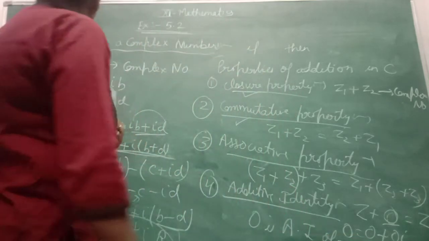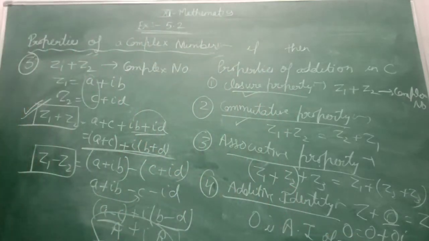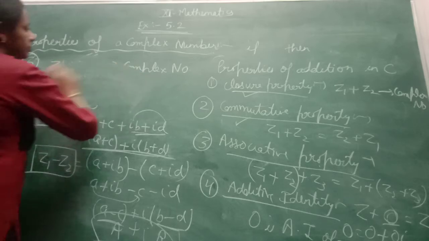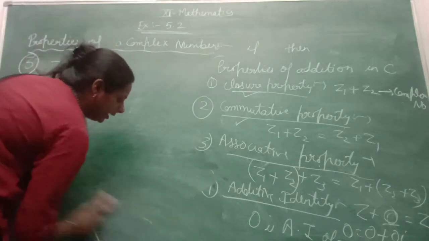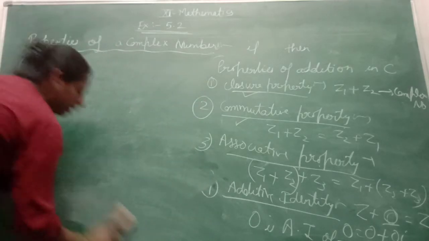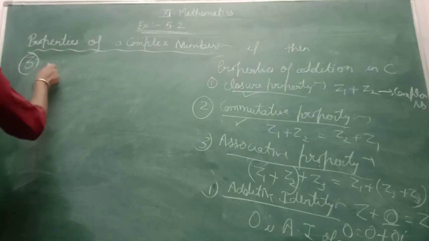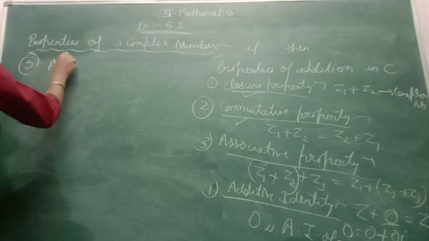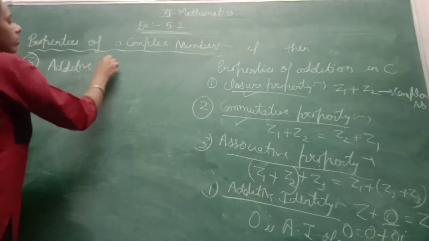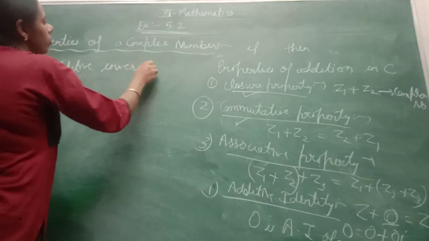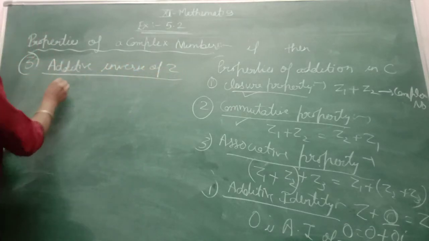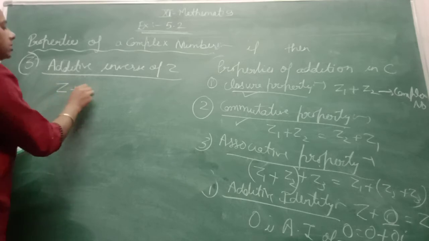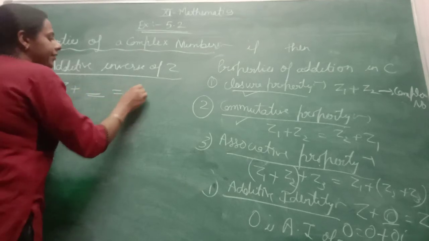Come to the next property, that is additive inverse. What is the additive inverse? Additive inverse of Z, how will you find? What should I add to Z so that you get the additive identity?